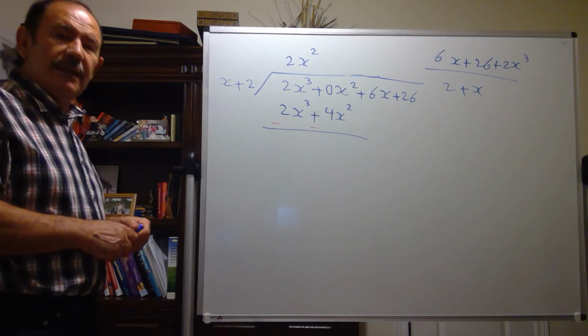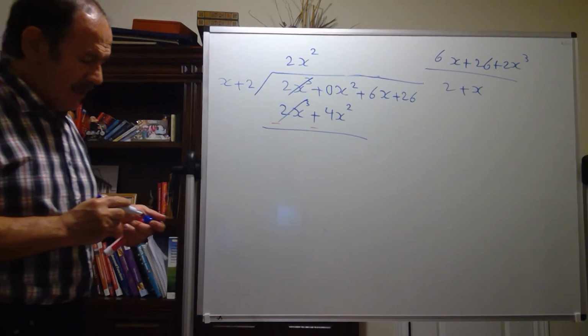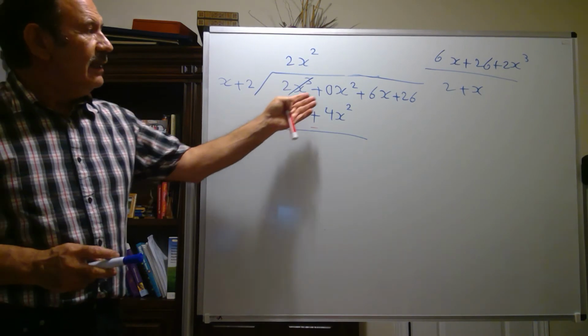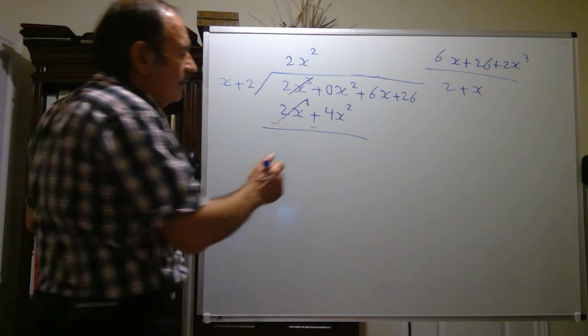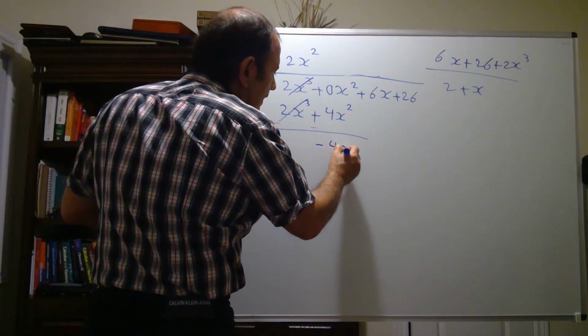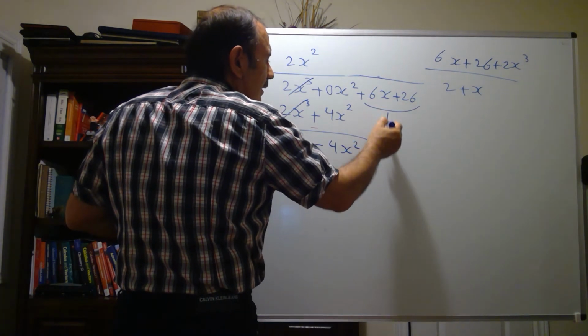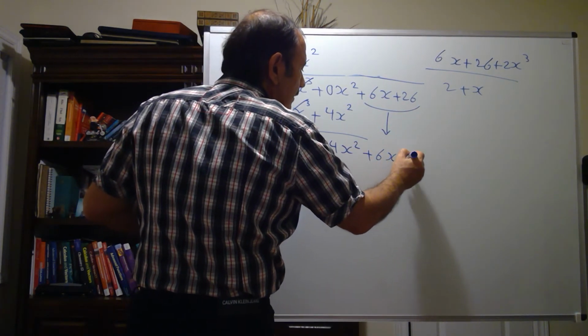Remember, the first terms should always cancel each other. 2x cubed minus 2x cubed cancel each other. Then 0x squared minus 4x squared is going to be minus 4x squared. And drop the remaining part, which is plus 6x plus 26.